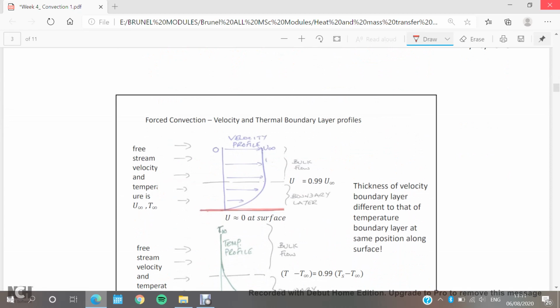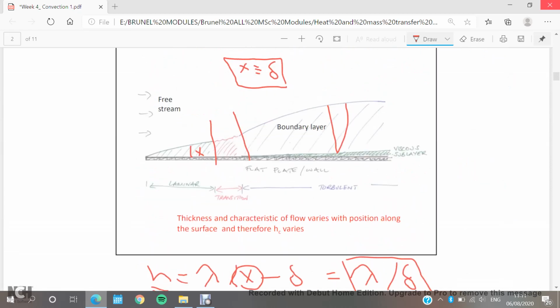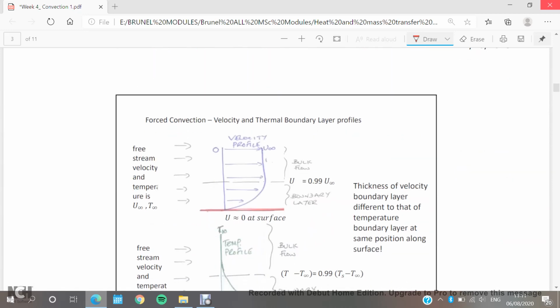This is our horizontal surface or sheet, and as we mentioned earlier, the fluid near the surface has a velocity equal to 0 because the viscosity is too high, and as I go farther from this surface, the velocity increases. This is the velocity boundary layer.